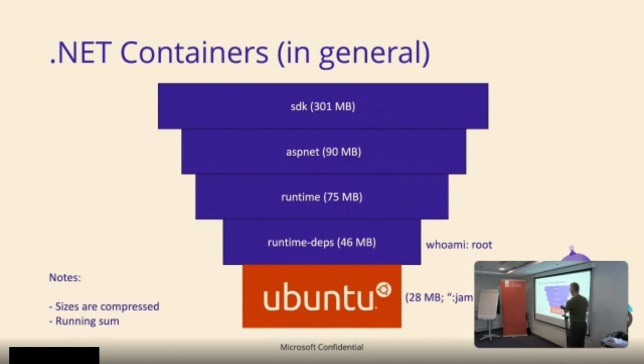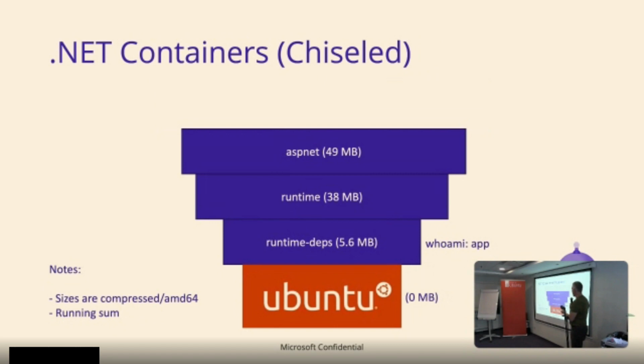The other thing to realize is this whole stack is rootful, so the user in every single one of these layers is root. For prod, for apps, you're starting with 90 megabytes compressed. The SDK is a little less relevant because that's only used to build your app in a multi-stage build.